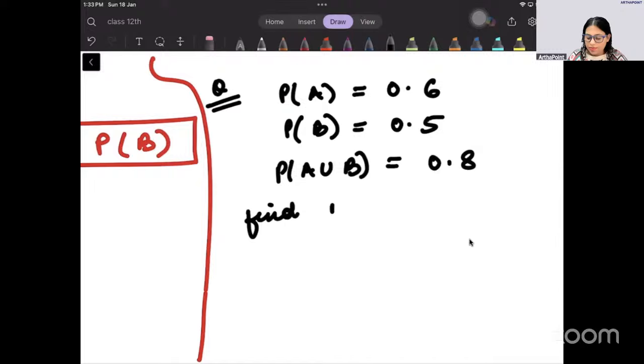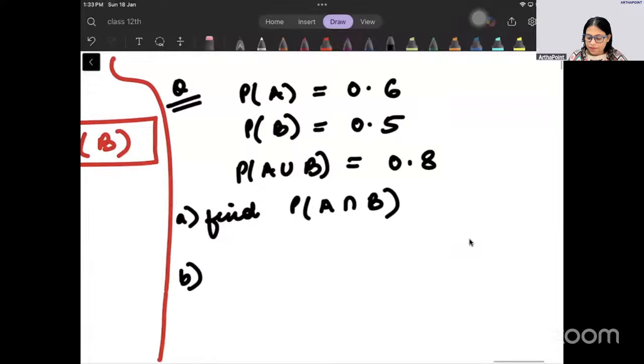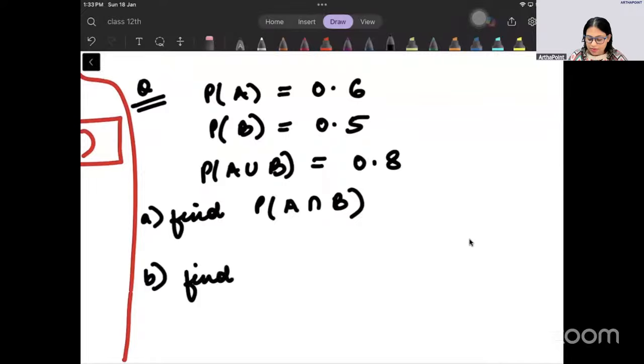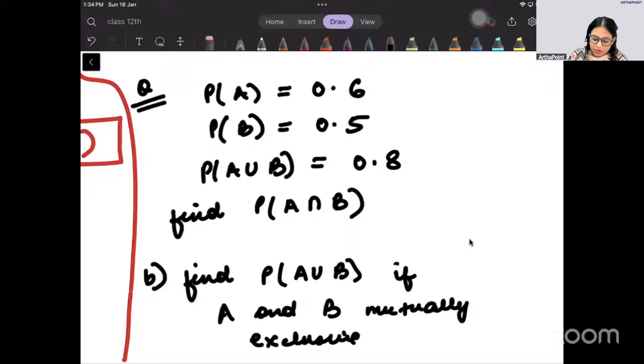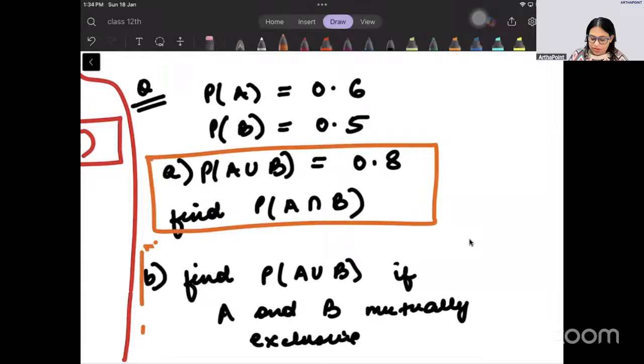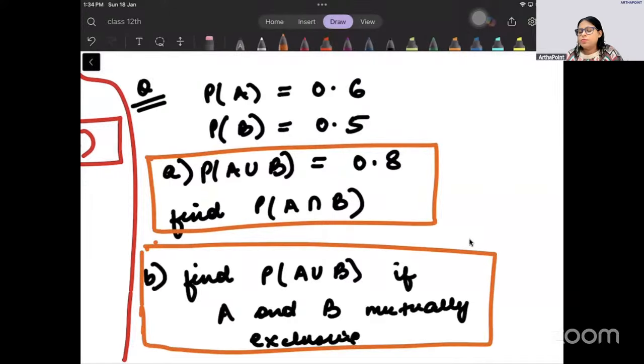Find the probability of A intersection B, part A. And part B: find the probability of A union B if A and B are mutually exclusive. This information is only for part A. This is part A. This is part B. Do it.